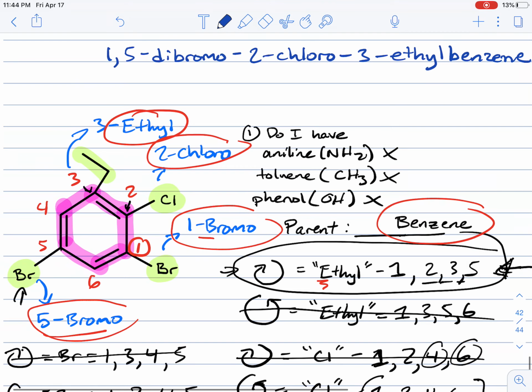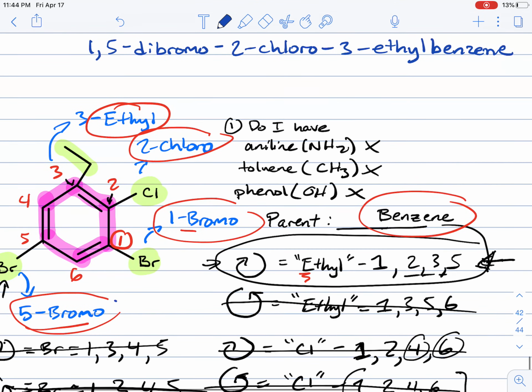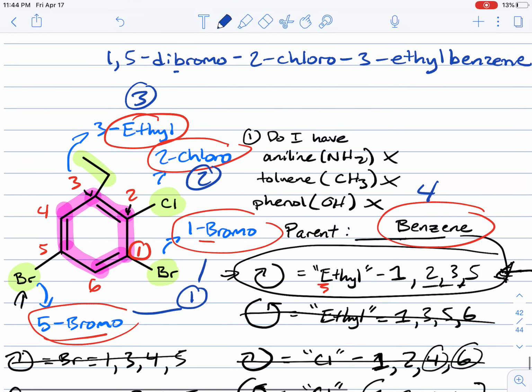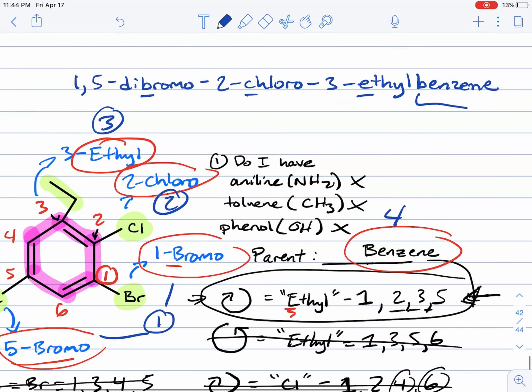Okay. So I name both of these first, then second, then third, then fourth. For the substituents, make sure they're just in alphabetical order, B, C, E. And then your parent is always going to be the last thing that you name.